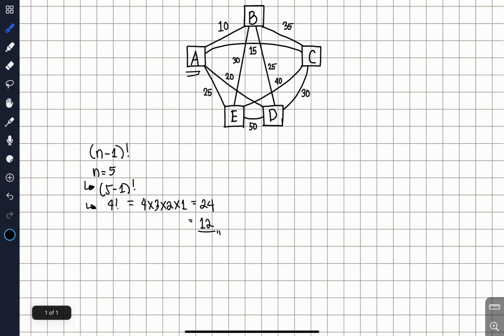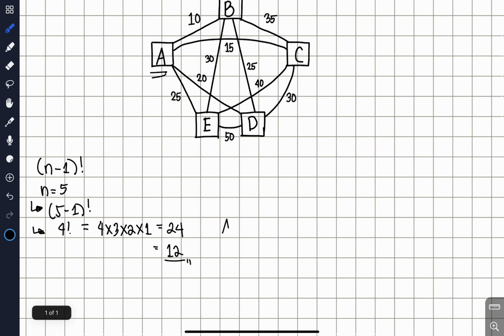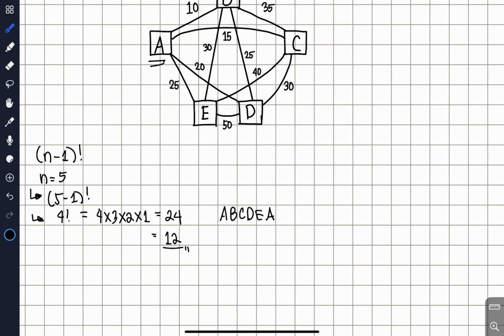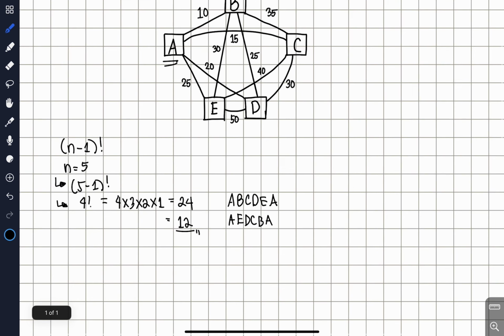So let's say we have A, B, C, D, E, A. Then later on we get A, E, D, C, B, A. Both of these are the same. So it is not necessary for us to write this repeatedly so that we also won't get confused.